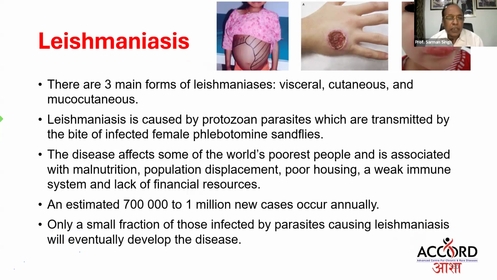So I will not delve into the other forms. Mucocutaneous cases are very few in India. Cutaneous leishmaniasis is mainly in the Rajasthan and Gujarat parts. But visceral leishmaniasis is really important because of its high fatality. The number still remains about 1 million new cases annually. Next, please.